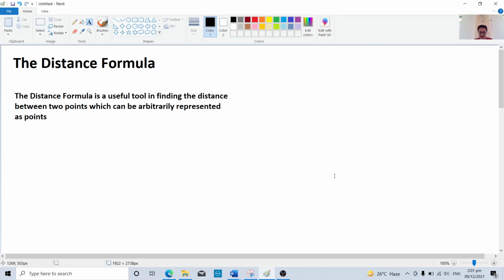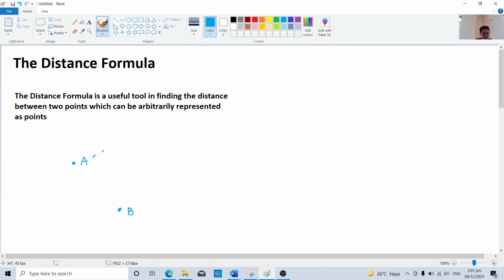kaya kailanganin natin we need 2 points. For example, we have our point A. Pangalanan natin itong point A. Ito, pangalanan natin point B. Diba? Sa point, we have coordinates. Diba?